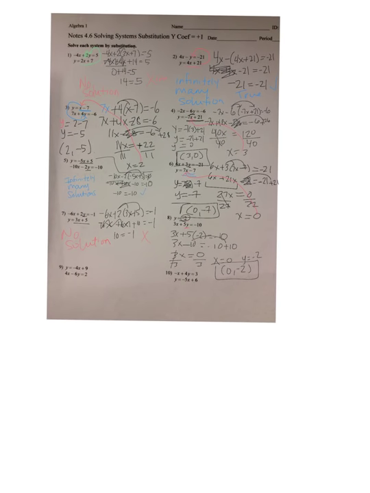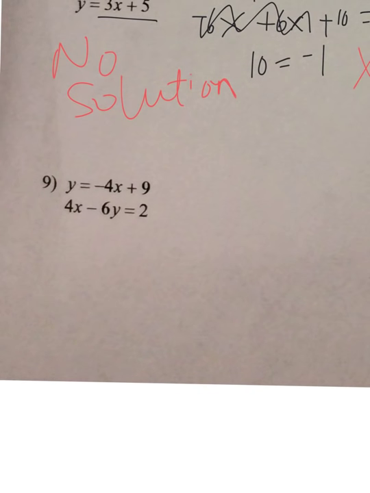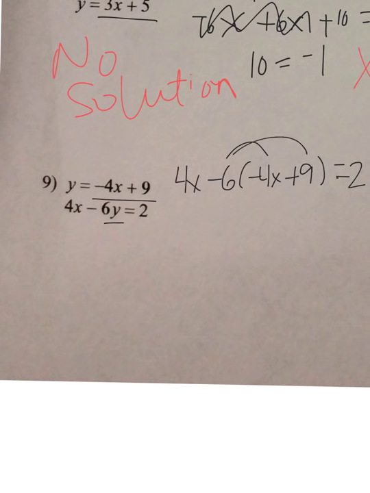Okay, let's just finish. This is my y value right there. So it'll be, I'm sorry, not y. I write 4x minus 6. Instead of y, I write negative 4x plus 9 because I'm substituting, equals 2. I distribute.